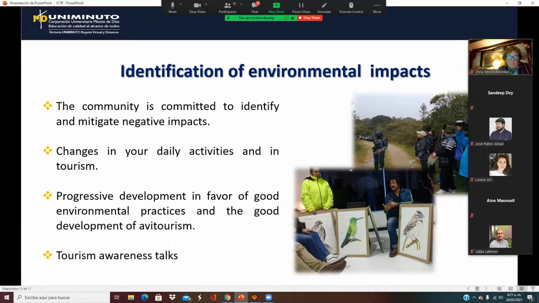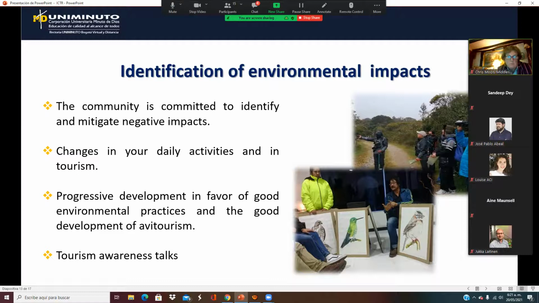It is important to identify the environmental impacts. As we all know, sometimes tourism has a bad impact, but in this case, we can see it in a positive way, and it is important to identify the negative impacts to improve and make a plan to change this impact. This is something that the community is progressing on for the development of the environment, and obviously it translates into good practices.